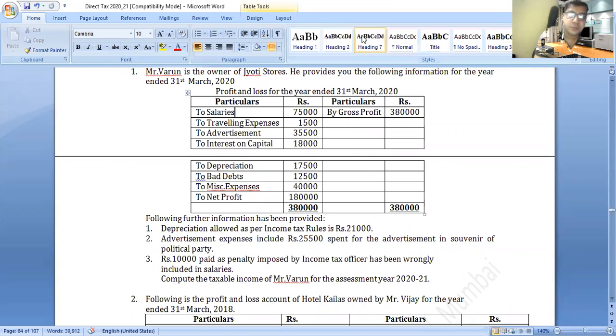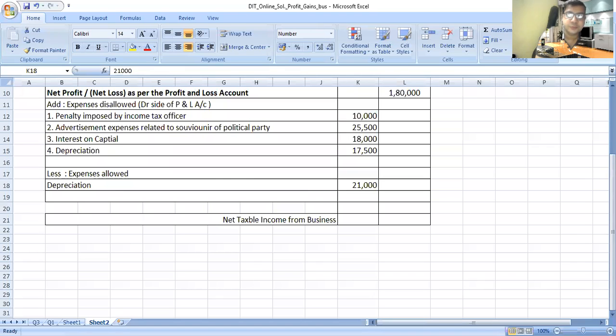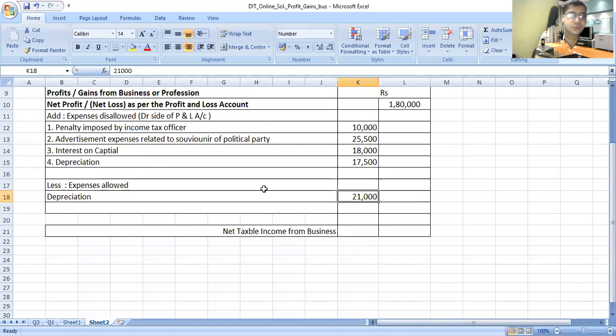So all information we have discussed, all the entries we recorded, all the further information also we have discussed. There is no other item related to the business. Now what we have to do, we have to calculate the taxable value. For that purpose we have to add the inner column, sum total.